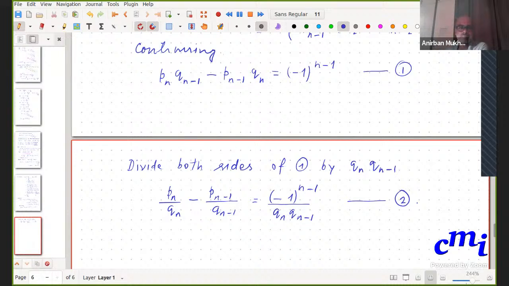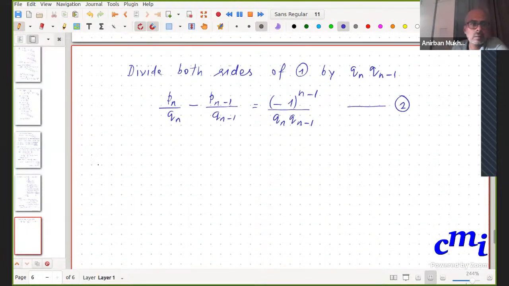And now we derive a similar thing, not just for difference 1 but for difference 2. Let me do that. So recall the definition.